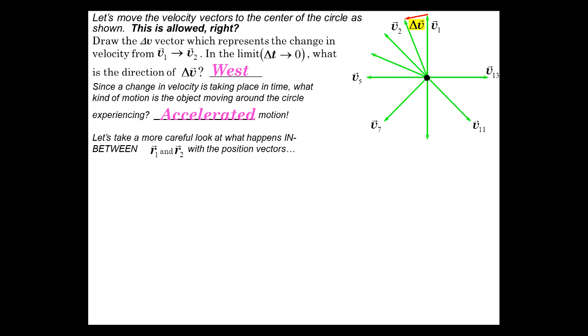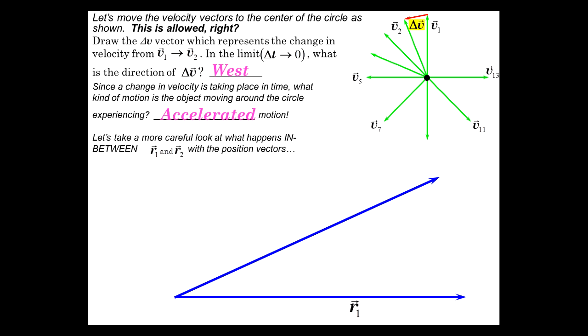So we have acceleration. We'll come back to that. But now, let me keep my promise to show you more detail of what's going on with the position vectors, and it will help explain this west direction of the delta v at this point.